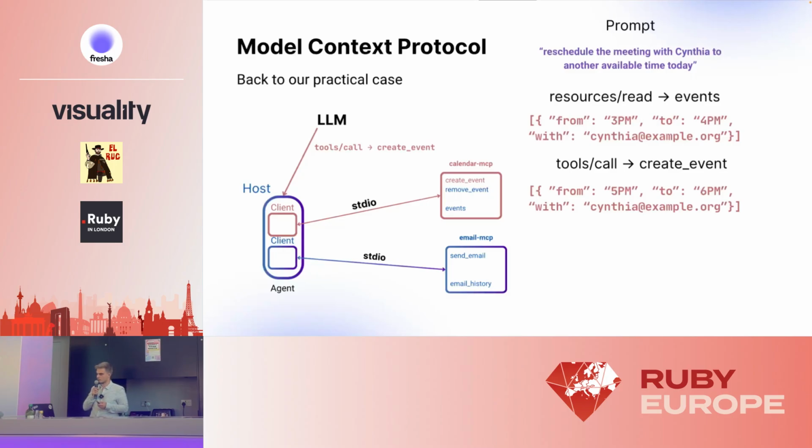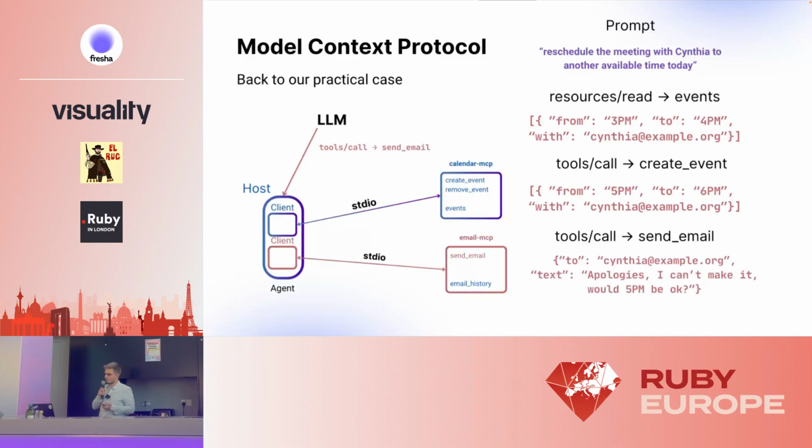Then once that event is created, it will send the email to Cynthia using the other client and the other server to say to Cynthia at example.org, apologies, I can't make it, would 5 p.m. be okay? And now you have your context that is being provided to the LLM and the actions that have been taken, with your intervention or not.